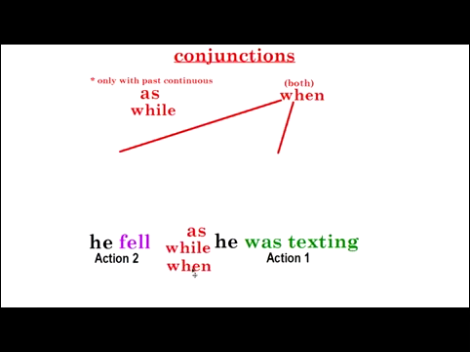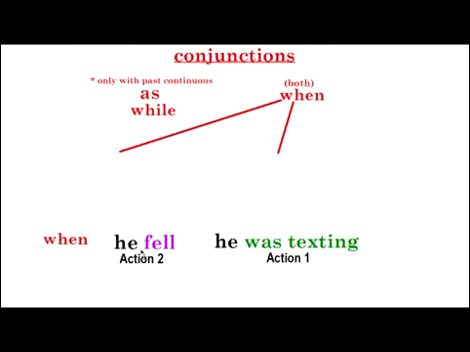Or I can use when for the past continuous, and I can say he fell as he was texting, or he fell while he was texting, or he fell when he was texting, and all of those are okay. But remember, if I decide that I'm going to use when, I can only put the when at the beginning of the second action. I can say when he fell, he was texting. Remember, while and as, I cannot do with the second action. They have to go with the past continuous.